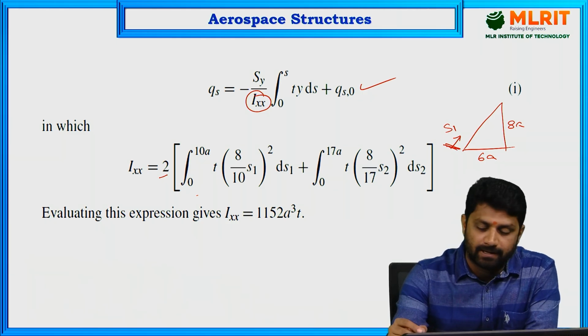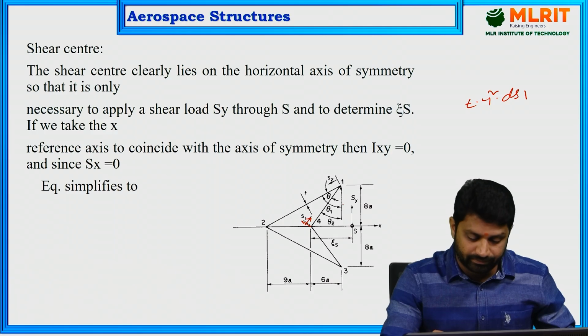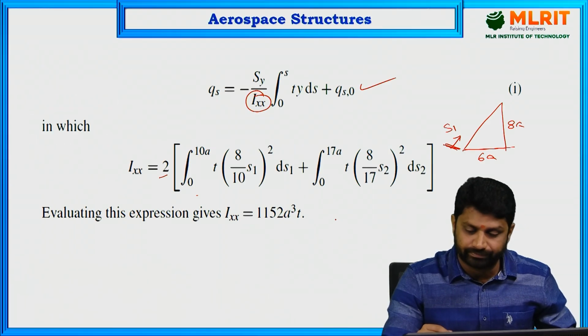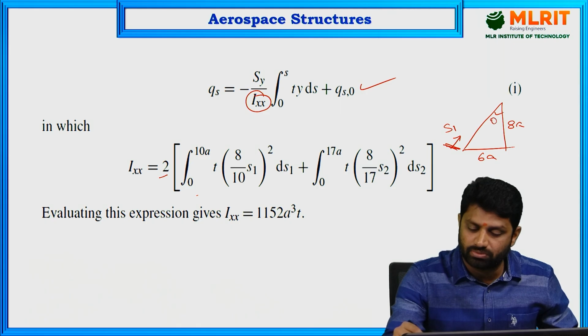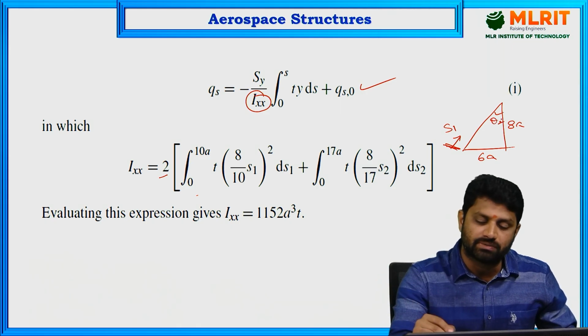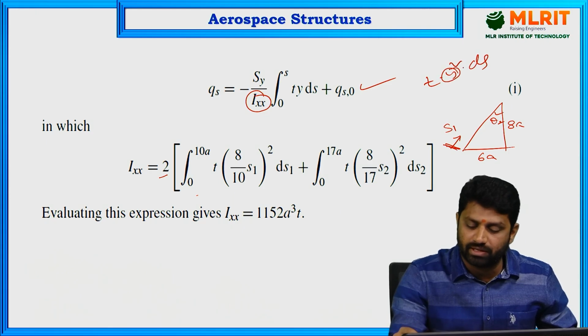What is the angle he considered here in the diagram? This is the angle theta 2. We have to substitute t y square ds, so we need y. You can consider this as x and this as y.